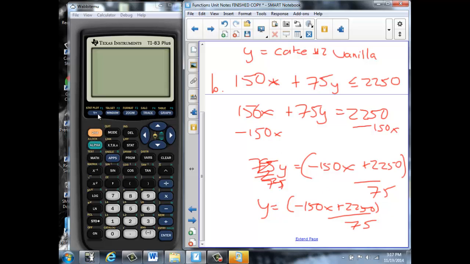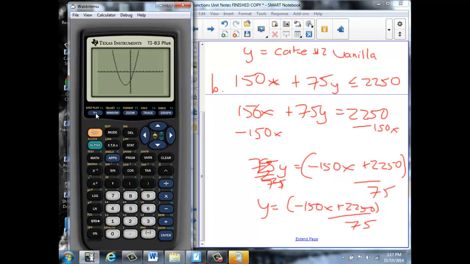That's what we're going to graph in our calculator. Bracket negative 150x plus 2250 divided by 75.